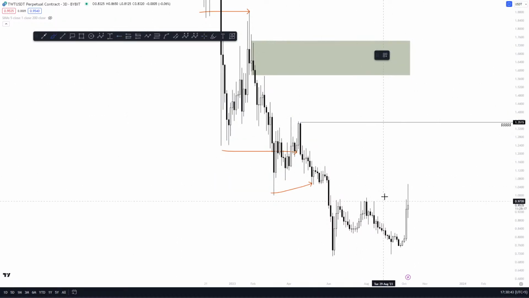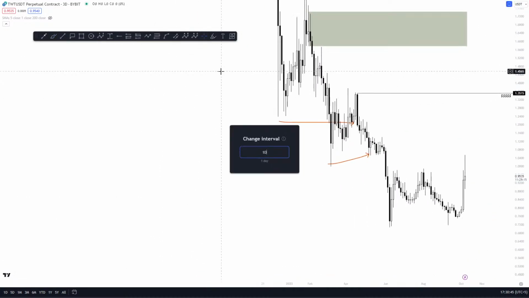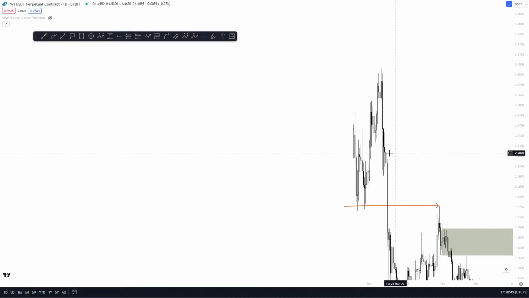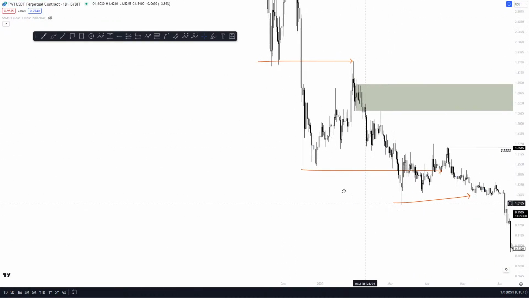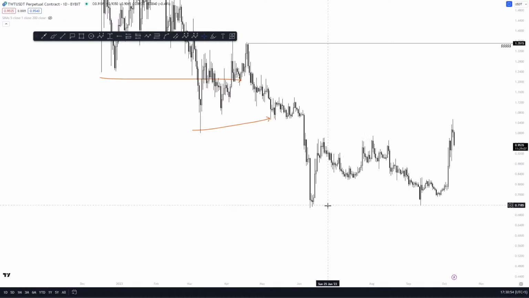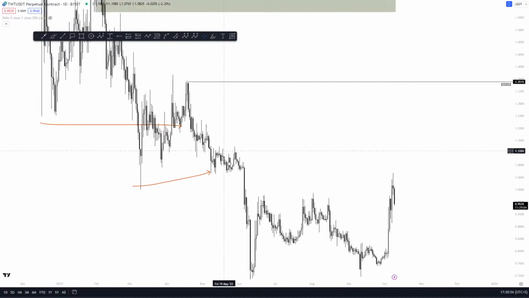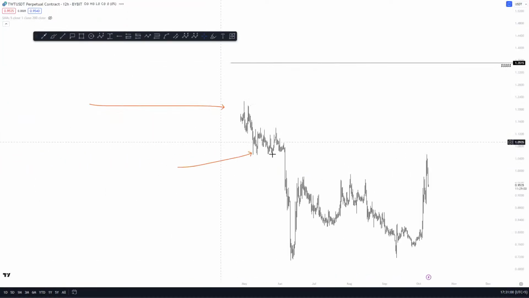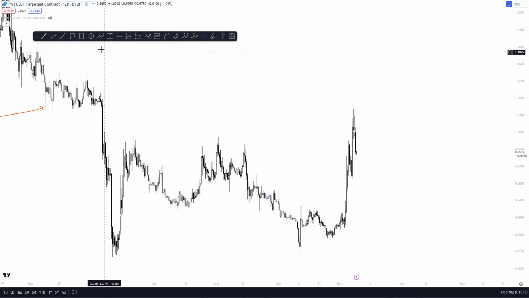So maybe this makes sense. Let's see the lower time frame. Yeah, not clustering. Yeah, it's a cluster. Nothing, just leave it.